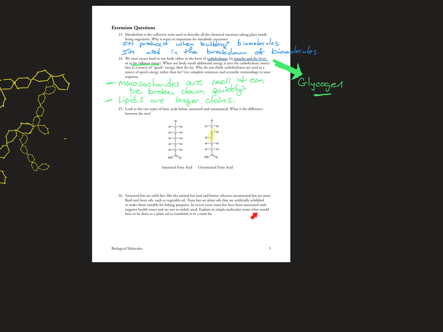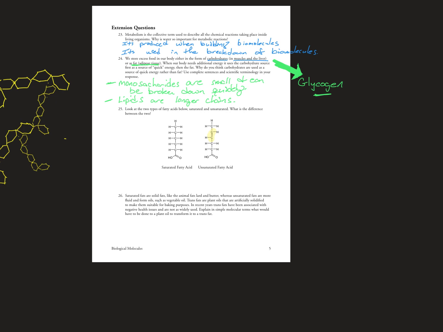Explain the simple molecular change that would have to be done to plant oil to transform it into a trans fat. It sounds like something that would have to be nutty to do. But the point would be, you would take this unsaturated fat and make it saturated. Well, how would you do that?